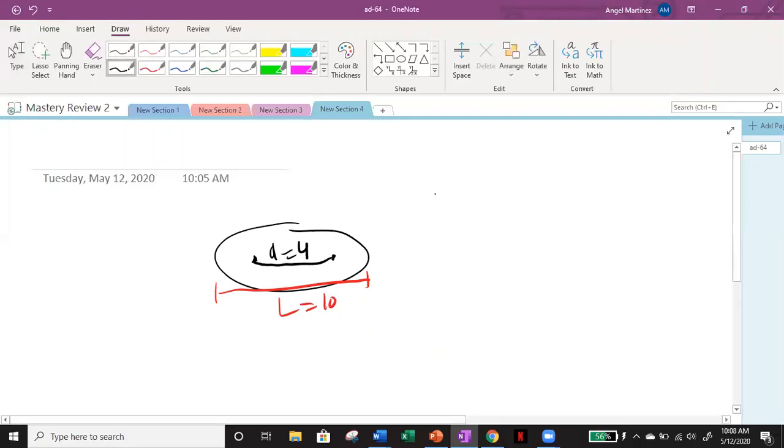We can calculate eccentricity by doing d divided by L, which is 4 divided by 10, which is 0.4. You can see 0.4 is kind of close to halfway, so that's why we have an oval shape. Remember, if it's 0, it's a perfect circle, but the closer to 1, the more oval the shape.